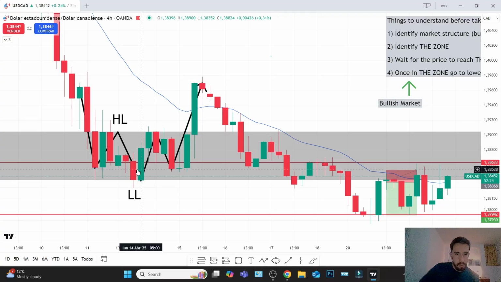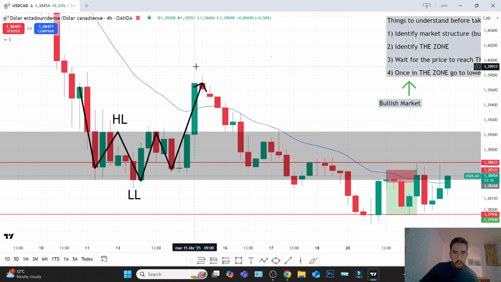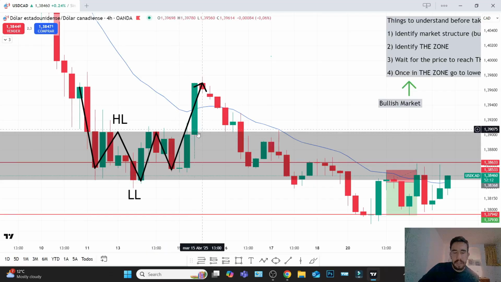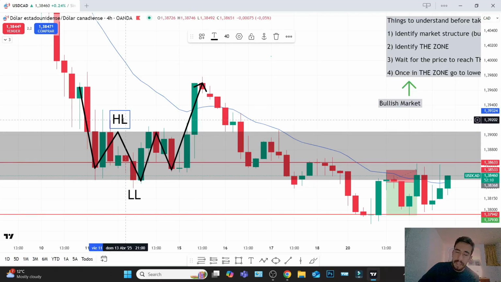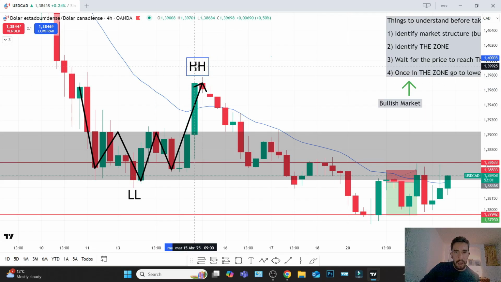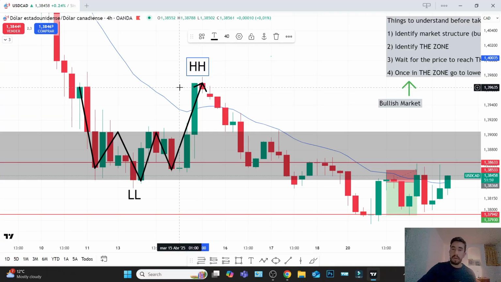So higher low, lower low, market structure, market structure, market structure, and boom, then it breaks the higher low above, which means that this higher low now becomes a higher high. Why? Because it was going down, and now the market is going up.